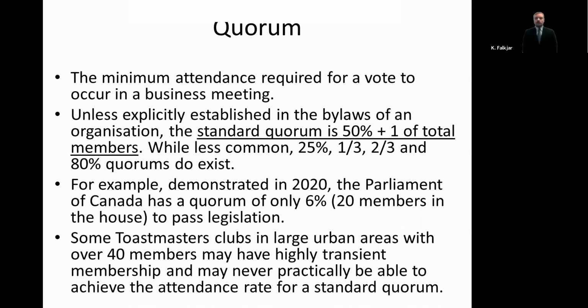Now, quorum. This is something that should be established in the club bylaws of every Toastmasters club. What we normally would have, if no bylaws are set, is that the standard quorum is by default 50% plus 1 of total members.